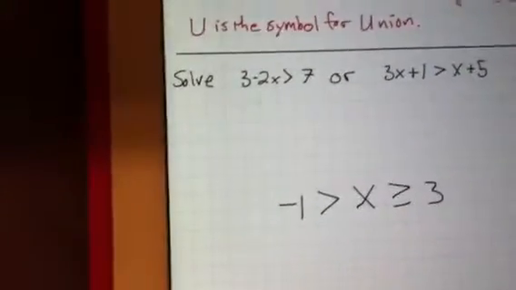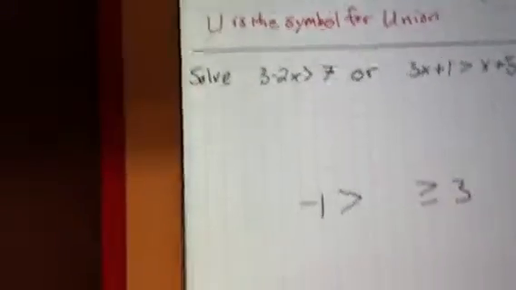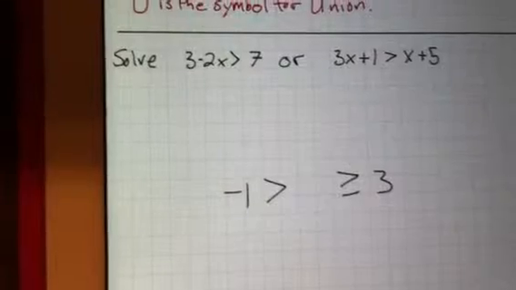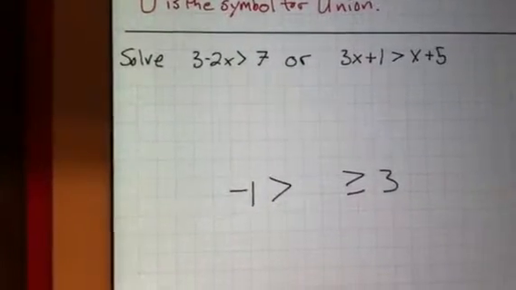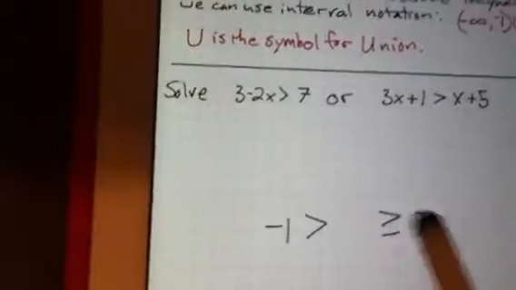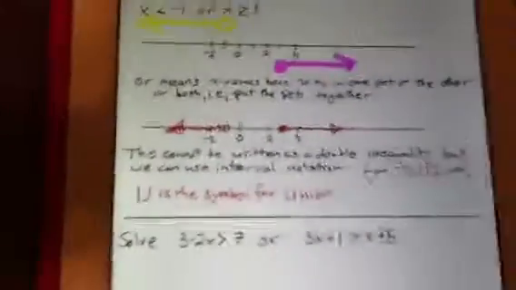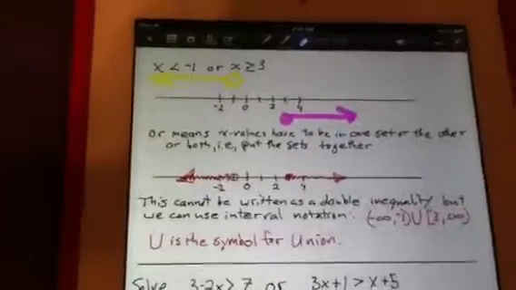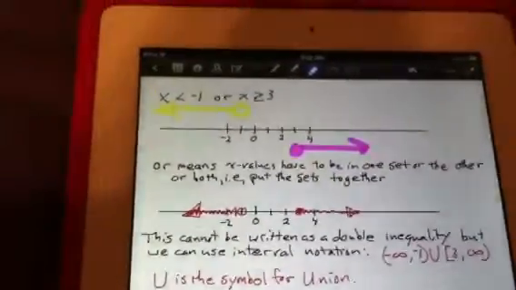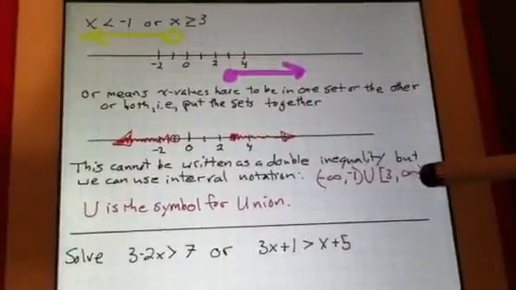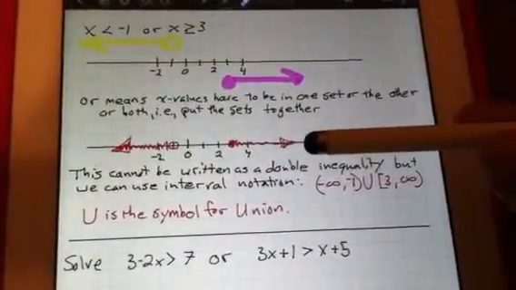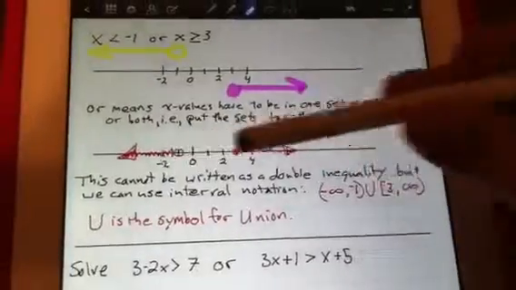Now the problem with that is if you get rid of x there, basically that says -1 is greater than 3, and that's just wrong. So "or"s usually cannot be written as a double inequality like the "and" could before. I can either state it like this or like that. Either way, it's this shaded region on the number line, these two different disjoint regions.